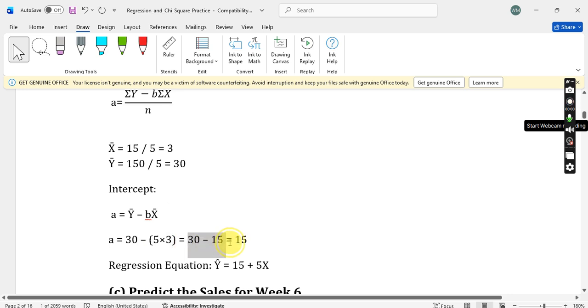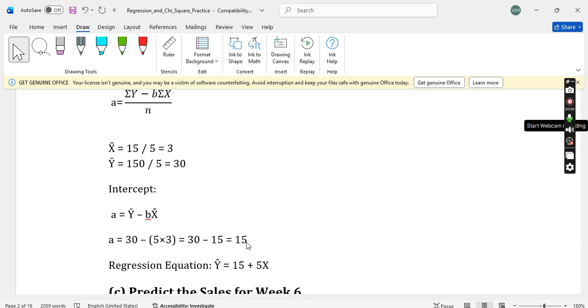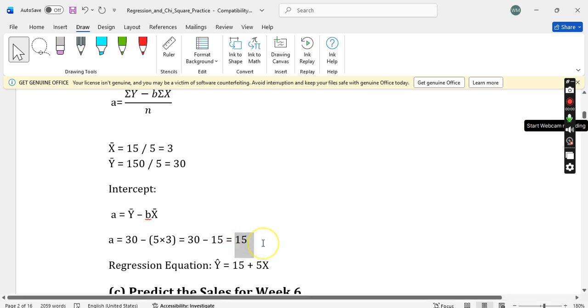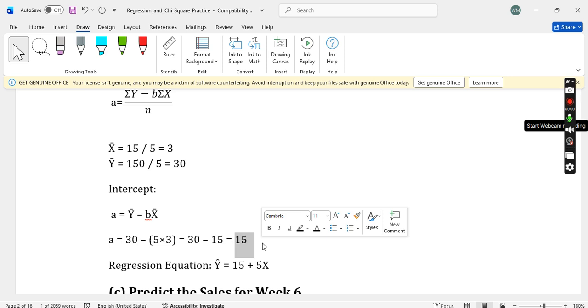So 30 minus 15 is 15. So what this is telling us is that when the weeks are 0, on week 0, the cells are 15,000 or 15 million, whichever. When the weeks are 0, this is the cell.